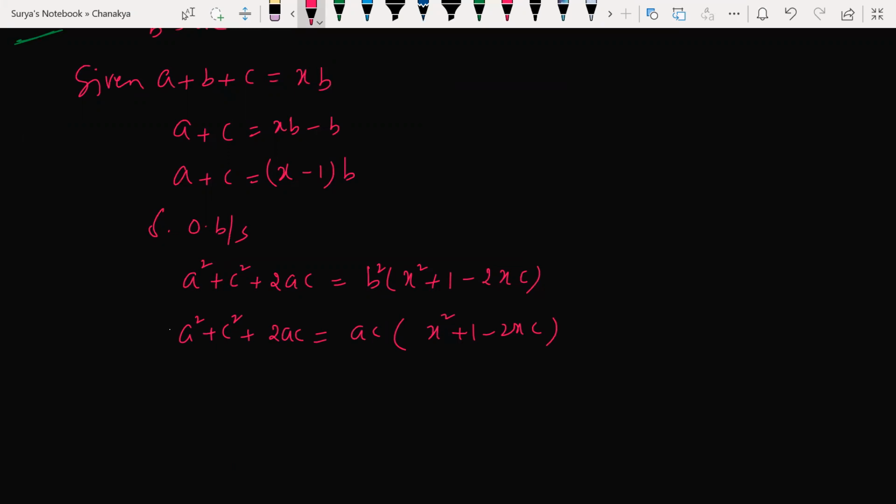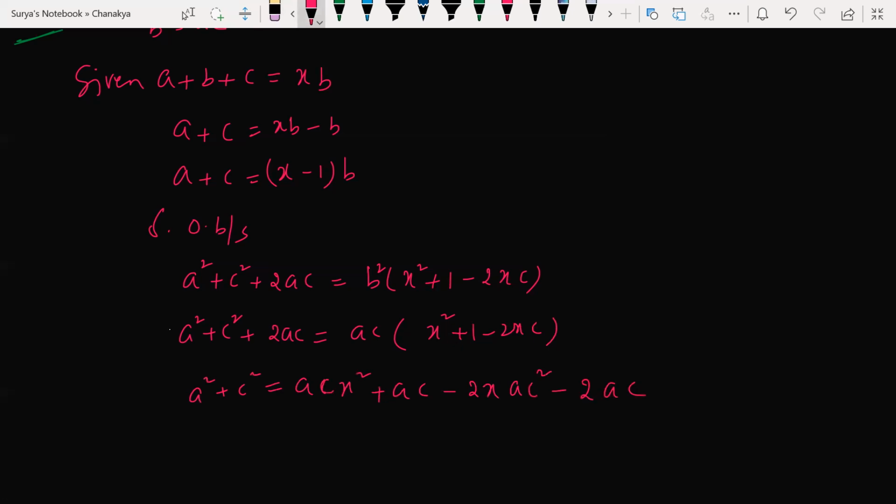Or else we will do one thing here. Let us not, yeah, anything is fine, no problem. A square plus C square is equal AC. AC X square plus AC minus 2 times of X AC square minus 2 times of AC.